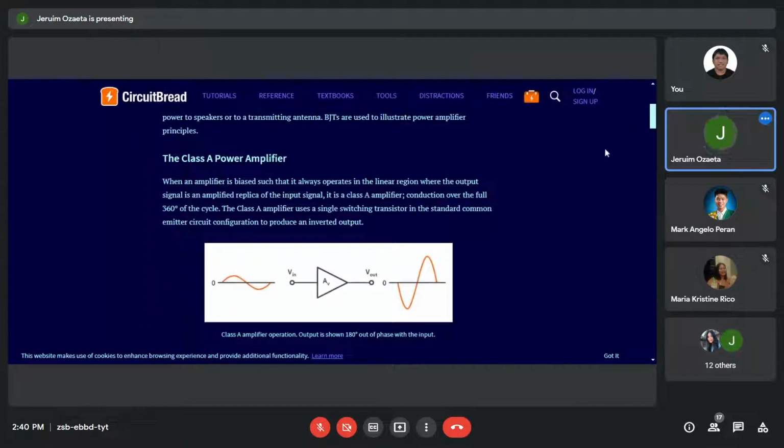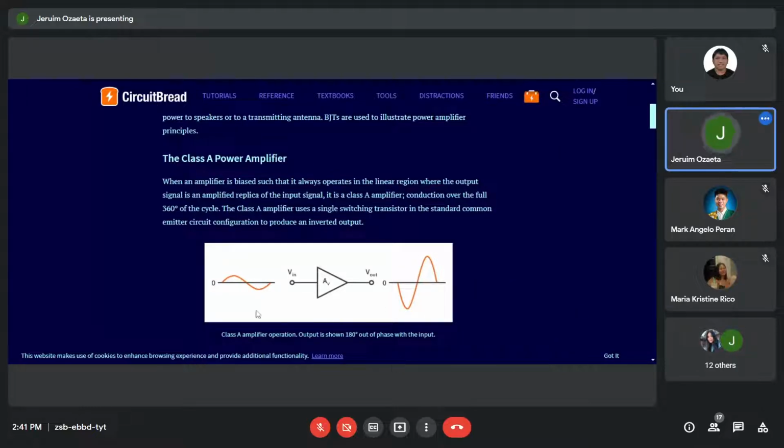By the way, the basic amplifiers are classified according to classes. There are class A, class B, class C, class H, class D. The basic classes are class A, B, and C. Let us first understand what class A is.